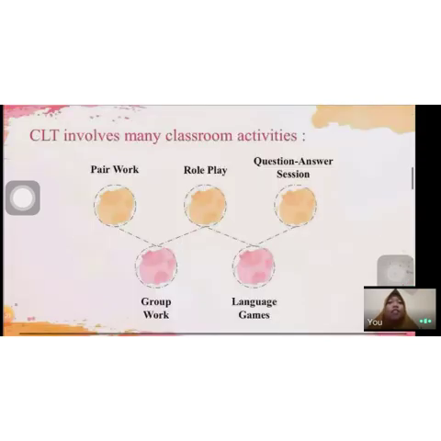Brown, 2001, offered 6 characteristics of CLT. The first, classroom goals supply the component of communicative competence. The second is language technique is used to motivate students to use language for meaningful purposes.